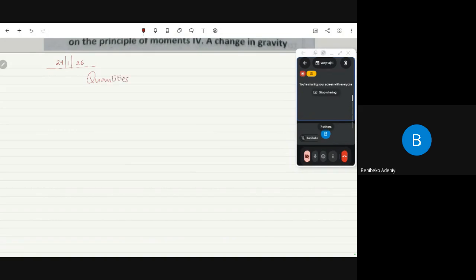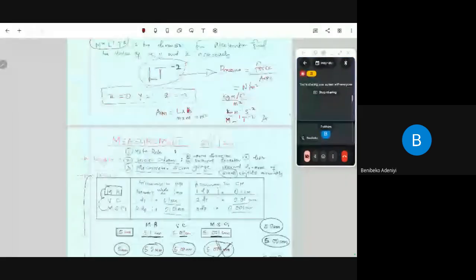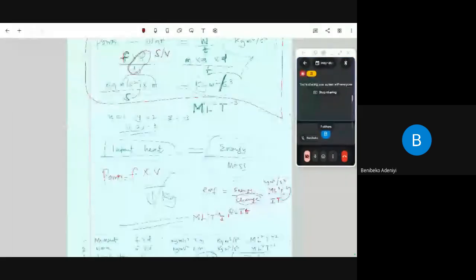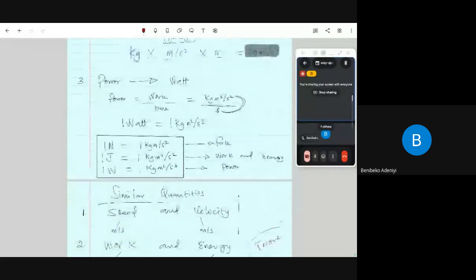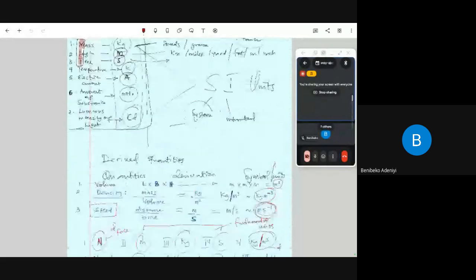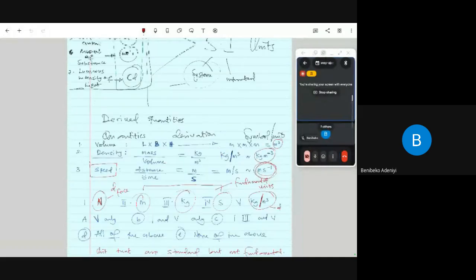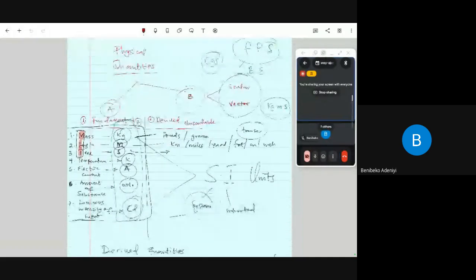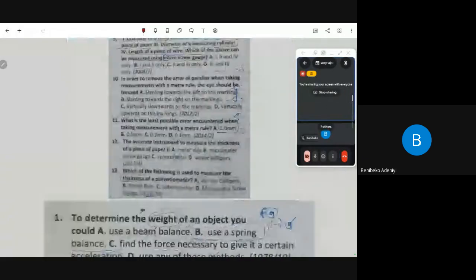Remember that when I was explaining quantities to you, I told you that quantities can be categorized into derived and fundamental, and that we also have another classification, which is scalar and vector. So that's exactly what we want to look at today. We want to look at the other classification, which is what?